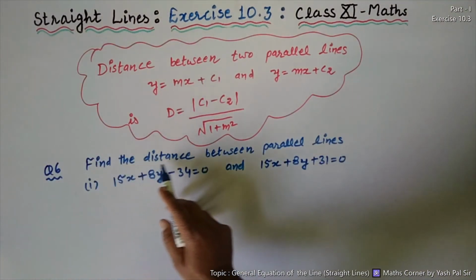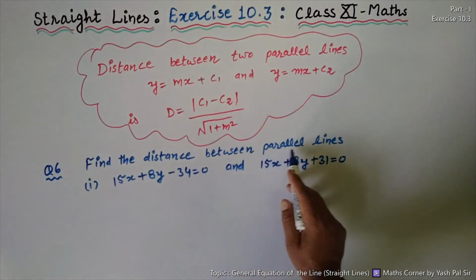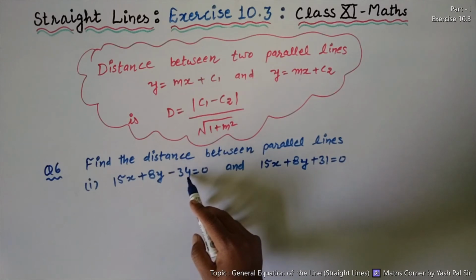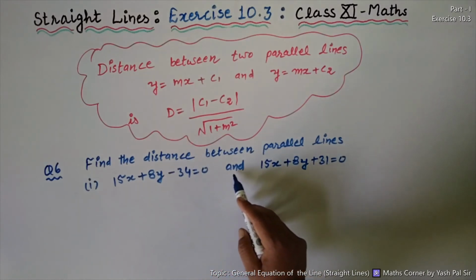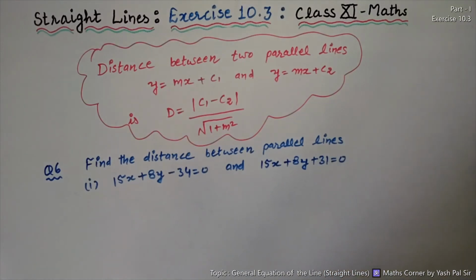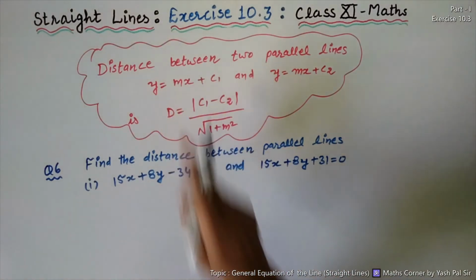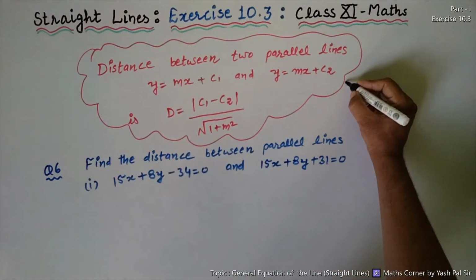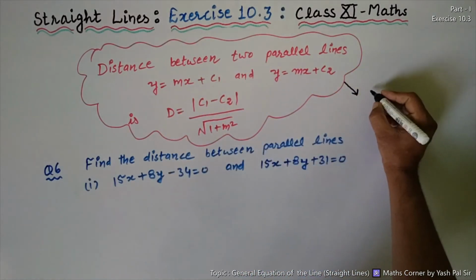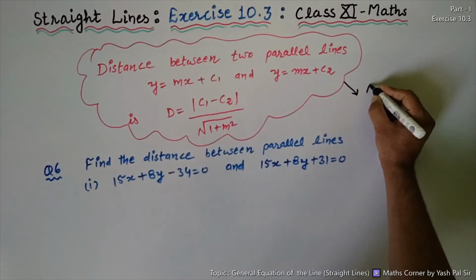Now coming to the question. Question number 6: find the distance between parallel lines. First part, 15x plus 8y minus 34 equal to 0 and 15x plus 8y plus 31 is equal to 0. In this question, either we reduce this into slope intercept form, or we can use the same formula.